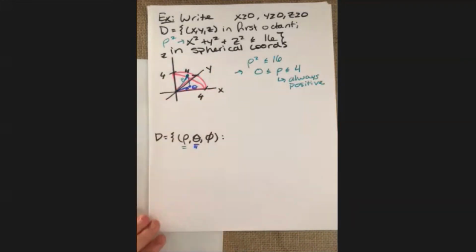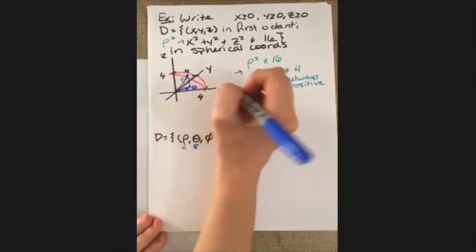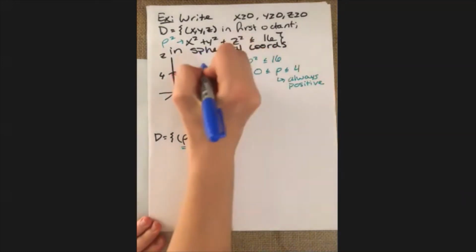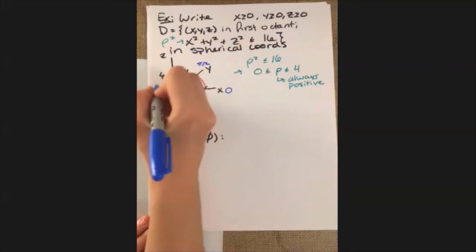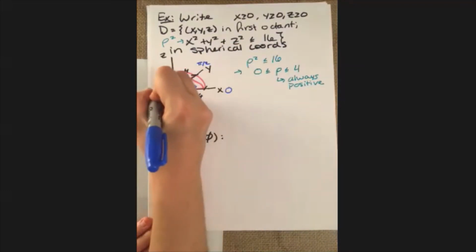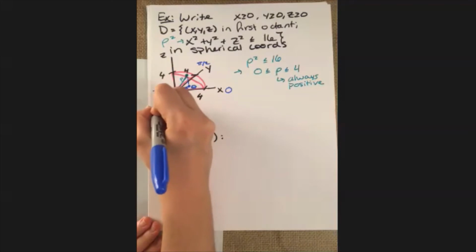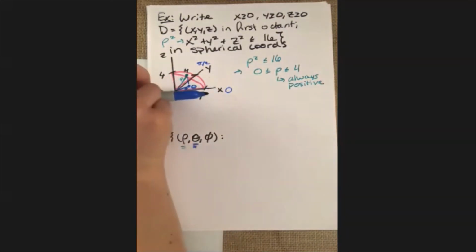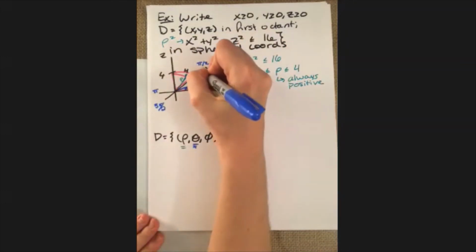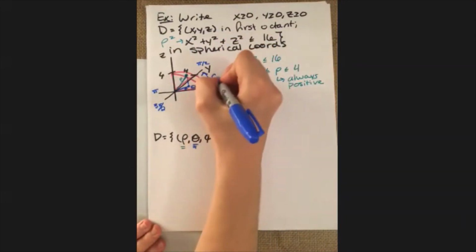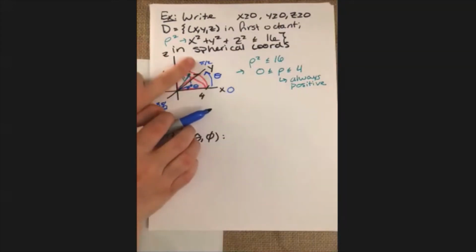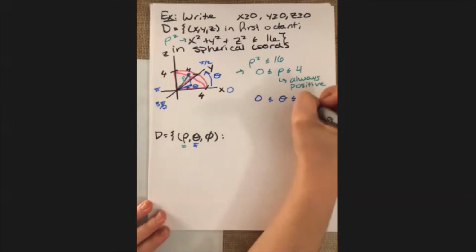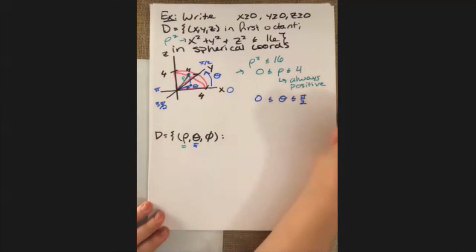We can still apply the same process of 0, pi over 2, pi, and then 3 pi over 2 for our negative y-axis. We're allowing theta to start at 0 and go all the way up to pi over 2, because it's allowed to range from here all the way up to here. So 0 is less than or equal to theta, less than or equal to pi over 2.